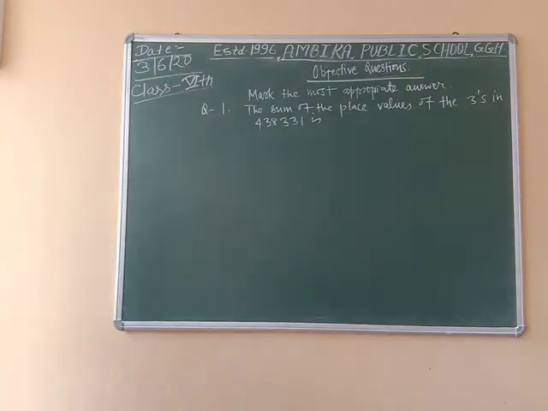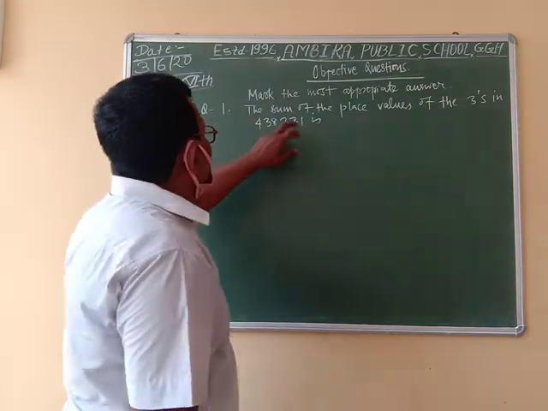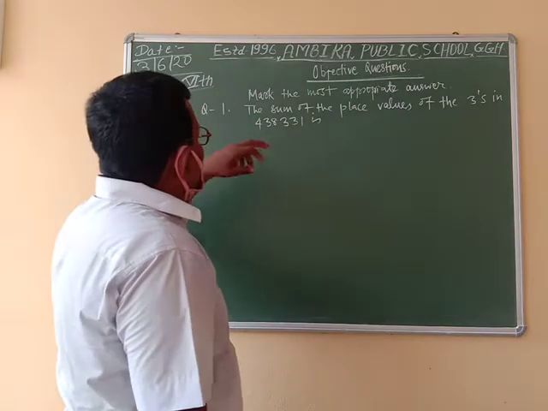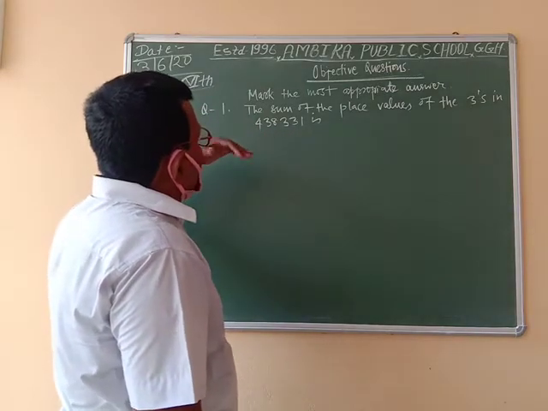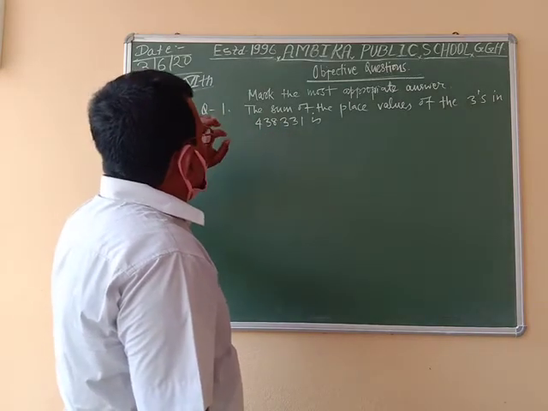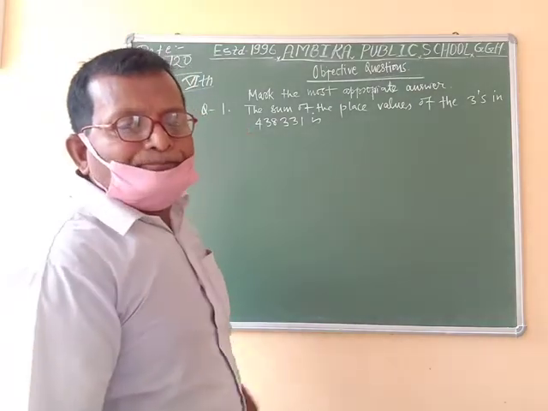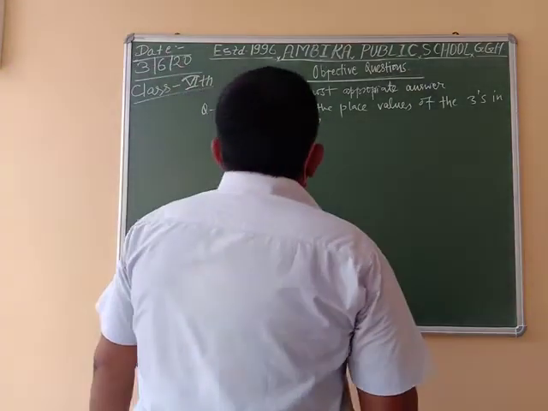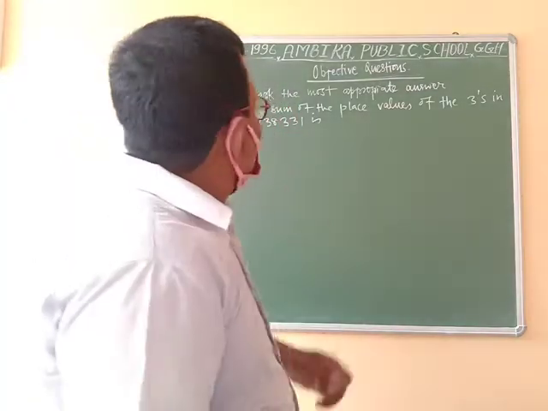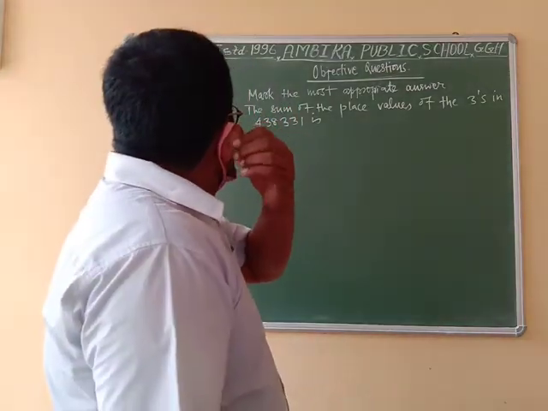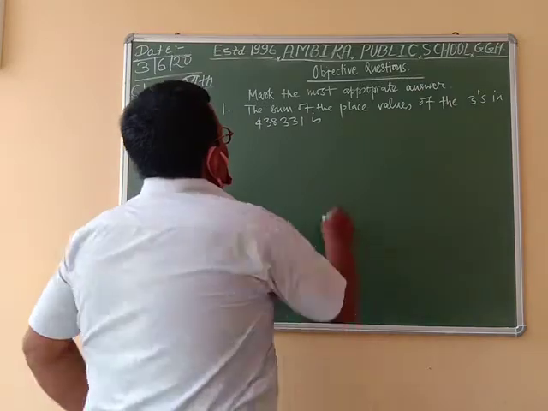Here we see that there are three threes. There are a total of three 3s in question number 1. Question number 1 is 438331.